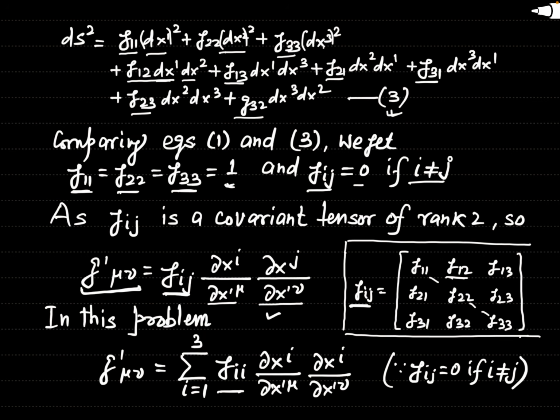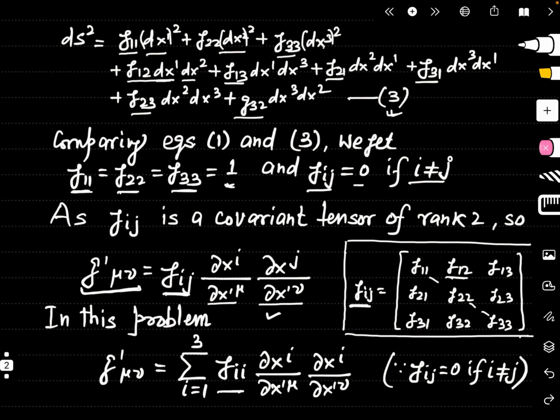So this will be Gii del xi by del x prime mu times del xi by del x prime nu. This is the expression for G prime mu nu. You can see.